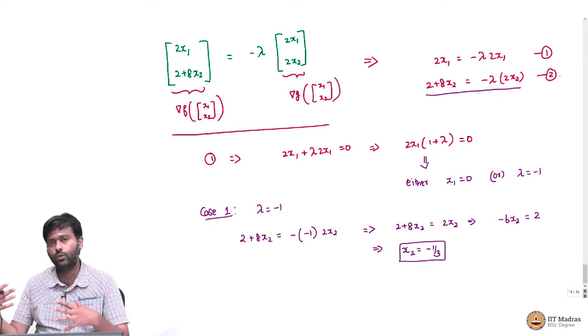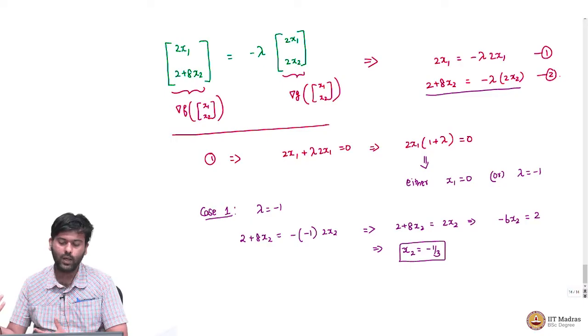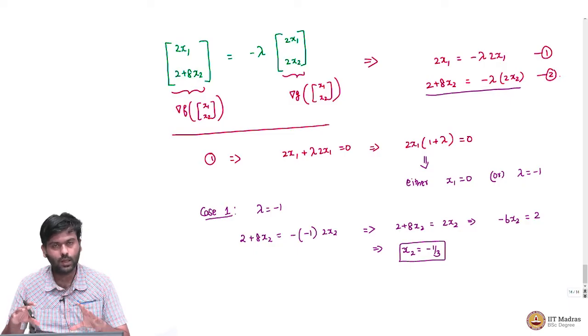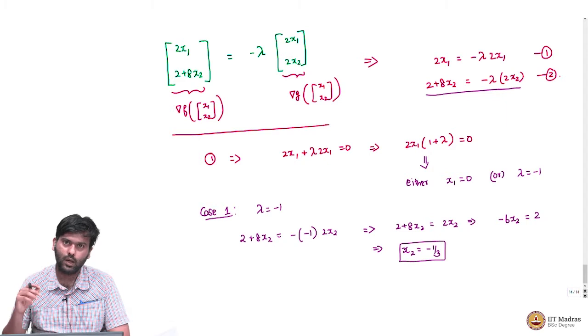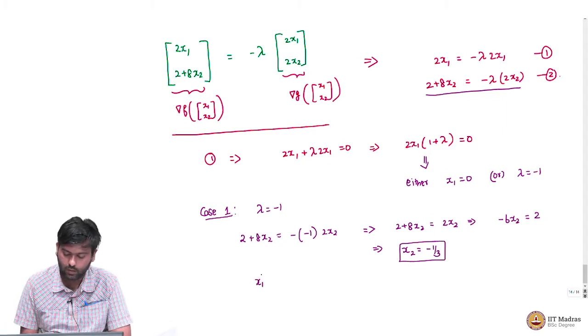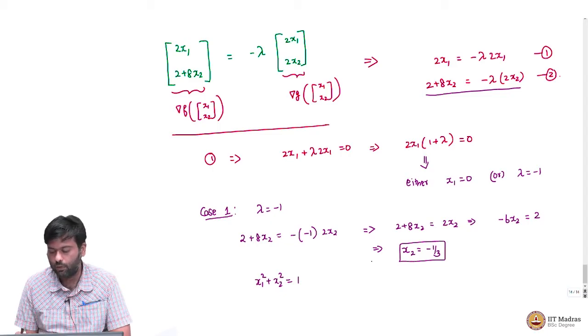If I know x2, then I can simply get x1, because we necessarily have to satisfy not just the Lagrange equation, but also the feasibility equation, which is x1 squared plus x2 squared should be equal to 1. This also has to be satisfied. Now we have found x2, from which we can simply get x1, right.